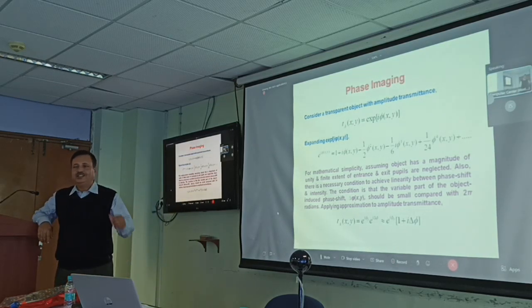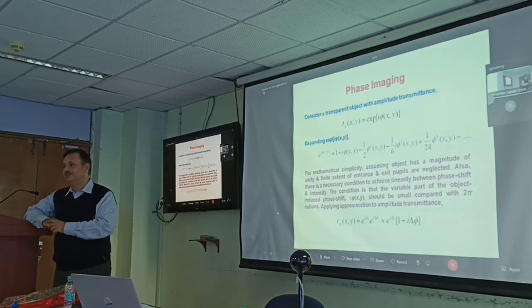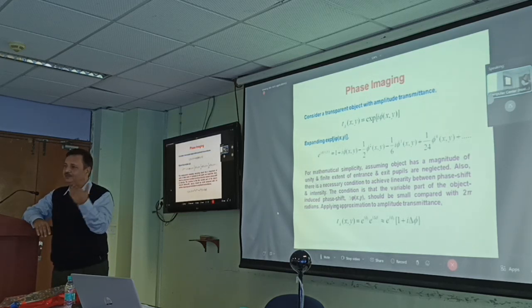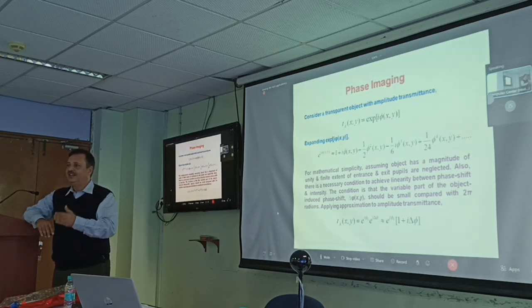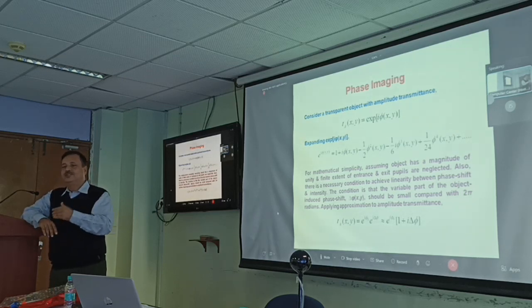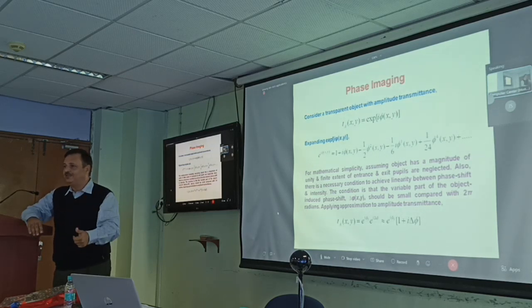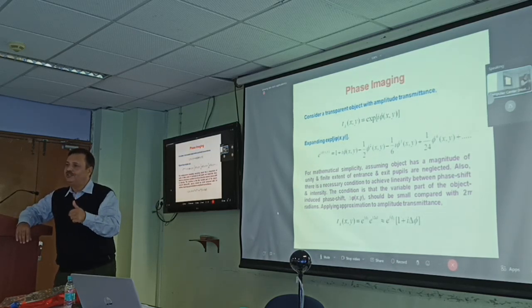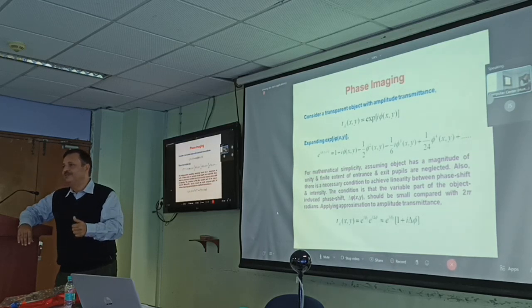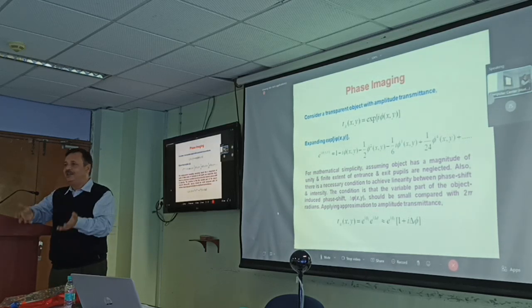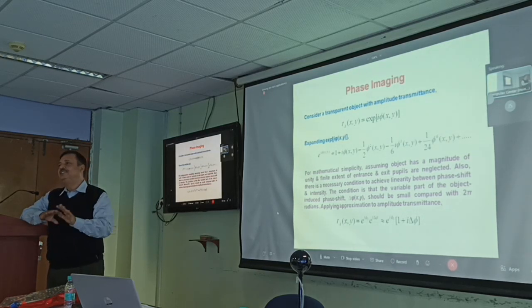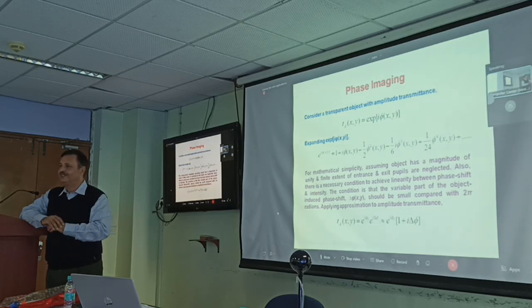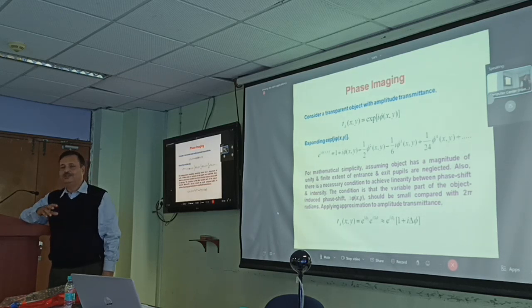Jesper suggested that you should consider higher order terms also. If we consider higher order terms, it means those higher order terms do carry some information. We should not ignore them. If you consider them and then make a filter, the pi by 2 phase requirement has gone. In that case, you need to introduce a filter of pi phase shift, and that gives you much better results compared to this one. That has been named generalized phase contrast. That's another way you can do it.